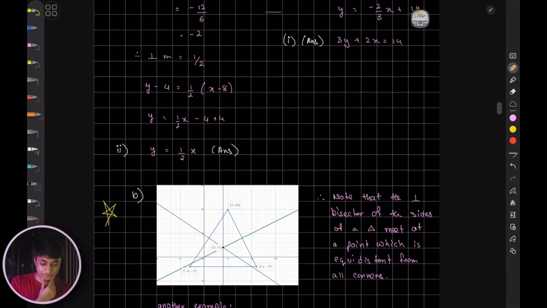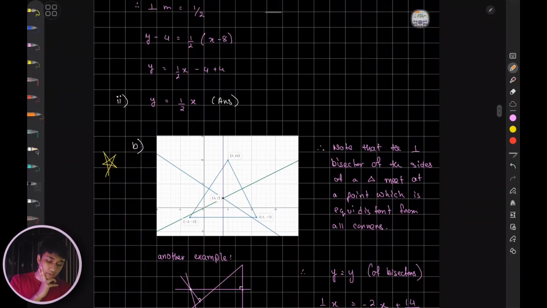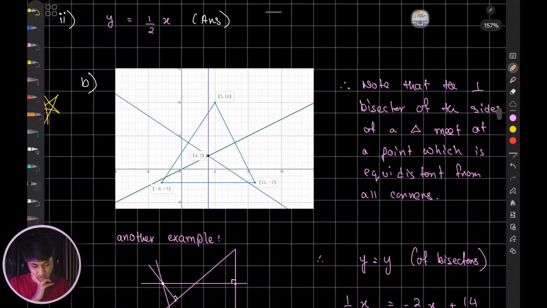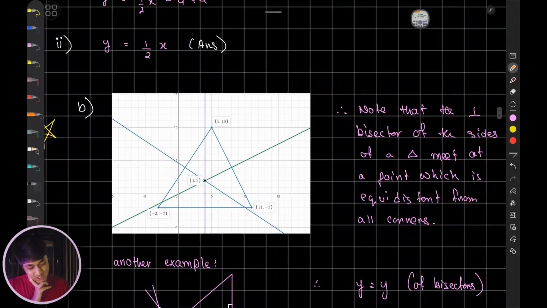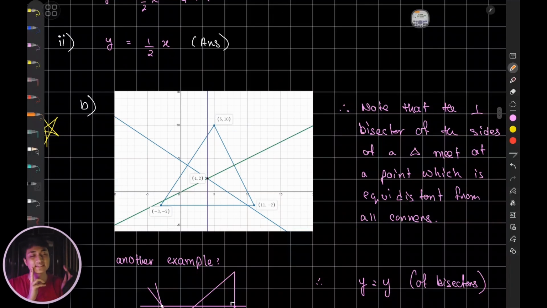That is the question. Now, I have plotted the points on Desmos, P, Q, and R. So notice one thing. The point that is equidistant is somewhere inside the triangle over here. Because wherever you draw the point outside the triangle, it is never going to be equidistant.